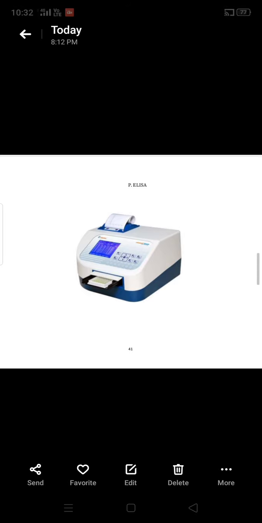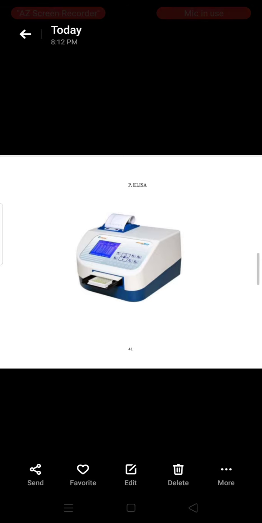And last one, applications and advantages of ELISA. ELISA tests are widely utilized to detect substances that have antigenic properties, primarily proteins. The substances detected by ELISA tests include hormones, bacterial antigens and antibodies.